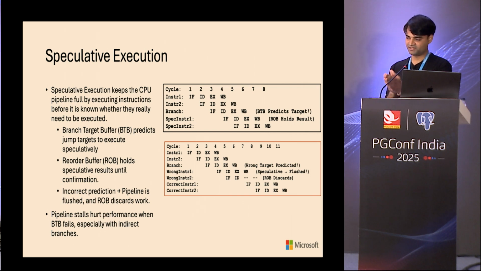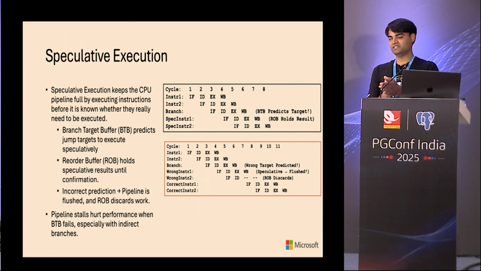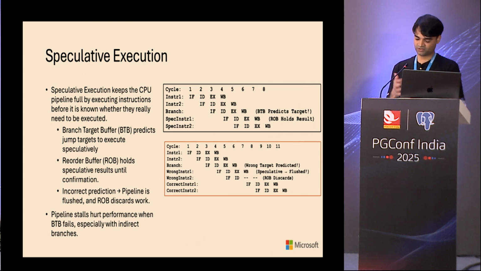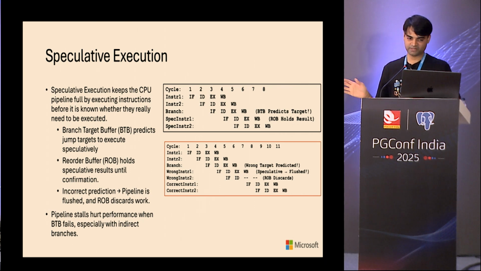They are not put into registers immediately, so you don't get program corruption from something you have to discard. They are placed into something called the reorder buffer, and from there, if the condition actually succeeds, so if the CPU has predicted correctly, then that result is put into the actual registers. But if the prediction was incorrect, then you have to flush the pipeline, and you also have to discard the work that was done.